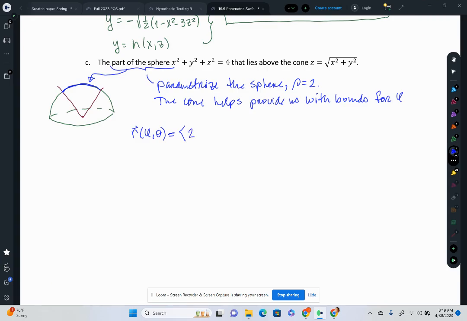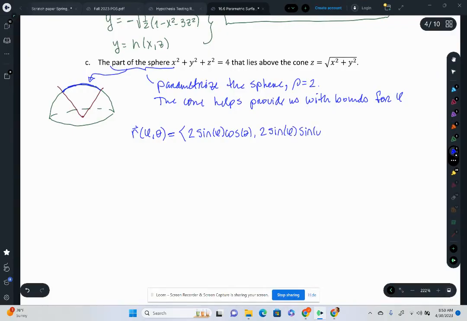And then for the x component, we have 2 sine of phi, cosine of theta. The y component is rho, which is 2, and then sine of phi, sine of theta. And then my z component will be 2 cosine of phi.